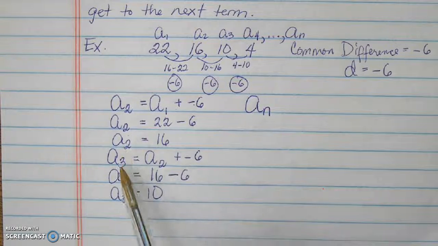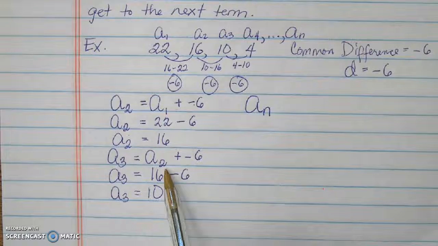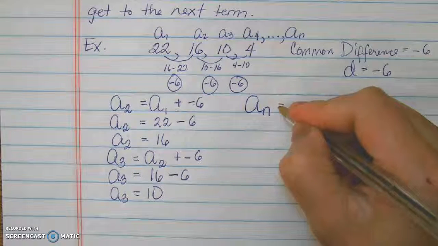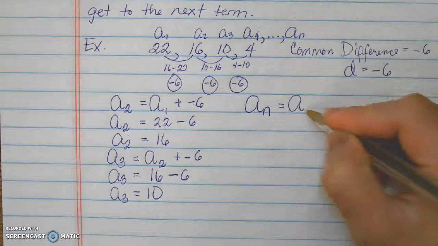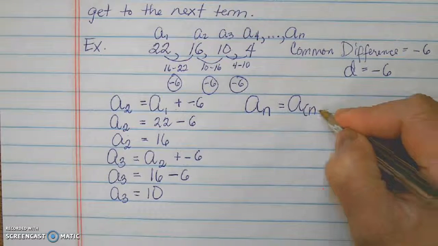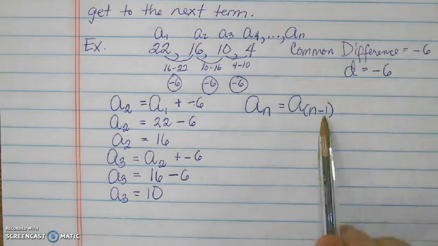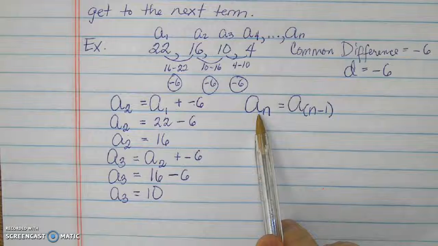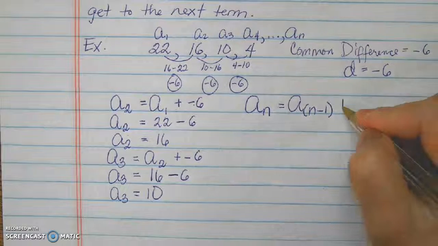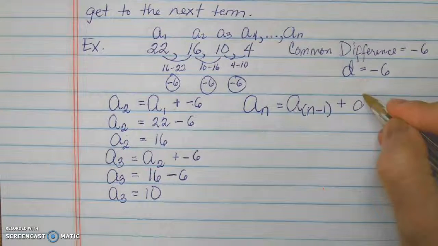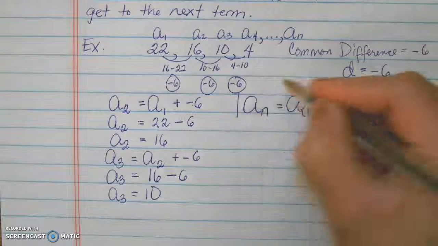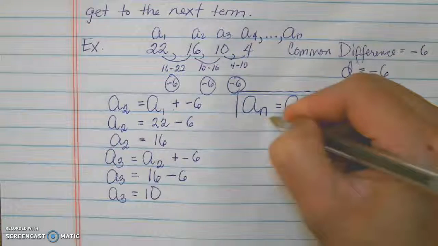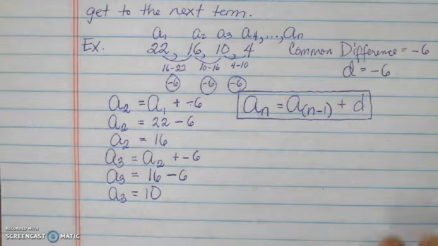If this is a 3, I need my 2. So if it's an N, how can I express it? A sub N minus 1, because it's always 1 less than what you're looking for. And I hope you get that. And then you're adding the common difference of D. Therefore, this is the formula for our arithmetic sequence on recursive.